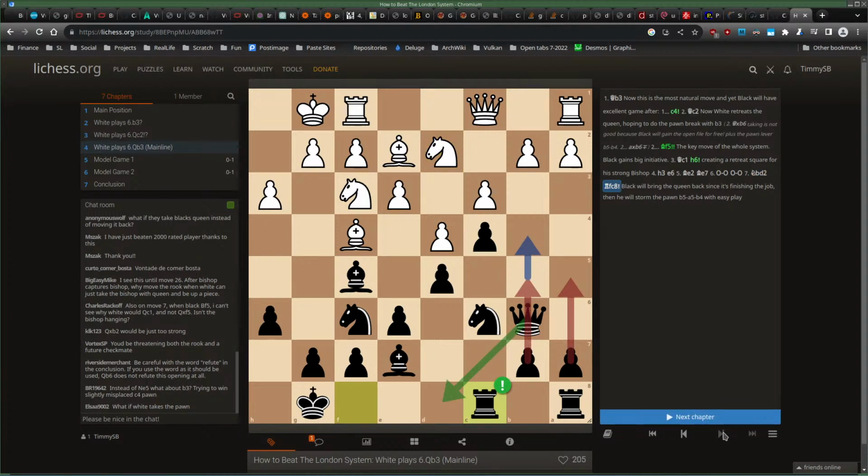Black will bring the queen back since it's finishing the job. Then he will storm the pawn, b5, a4. Sorry, b5, a5, b4. With easy play. No. At least I know the plan now, but crushing is different, of course.